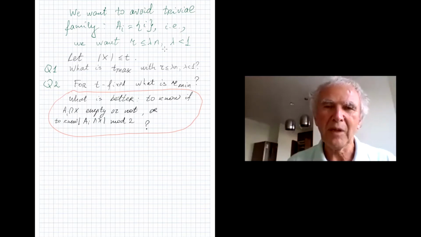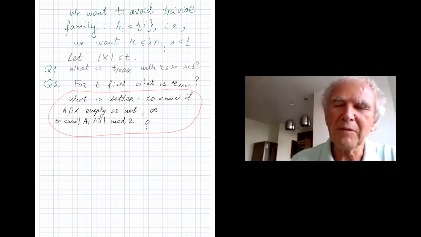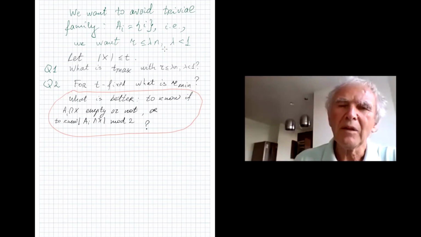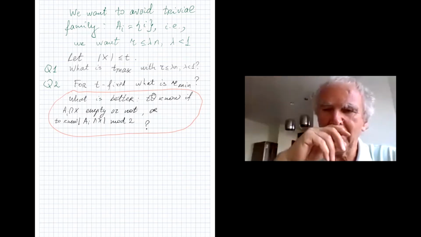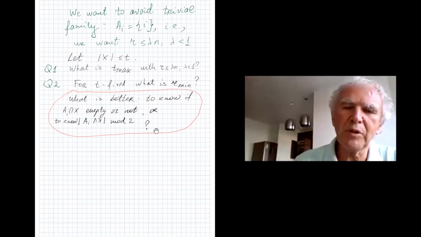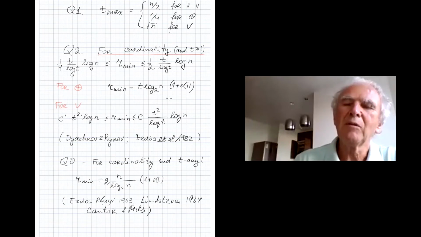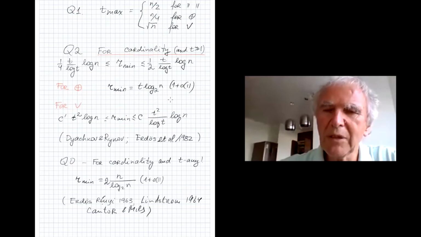So first, I'm sorry. First of all, what is the maximal number of... Or maybe I will go to the second question first because we just discussed it. What will be the number of questions in the case when it's known that the cardinality of the hidden set is T or less?